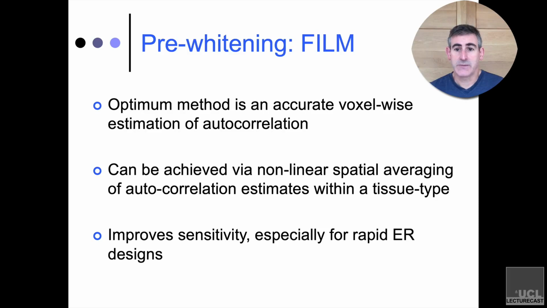You're not losing as much as you would if you did a pre-coloring approach, but it's also not optimal. Optimal would be to use something like FILM. For anything other than a very, very rapid event-related design, probably the differences are reasonably negligible.